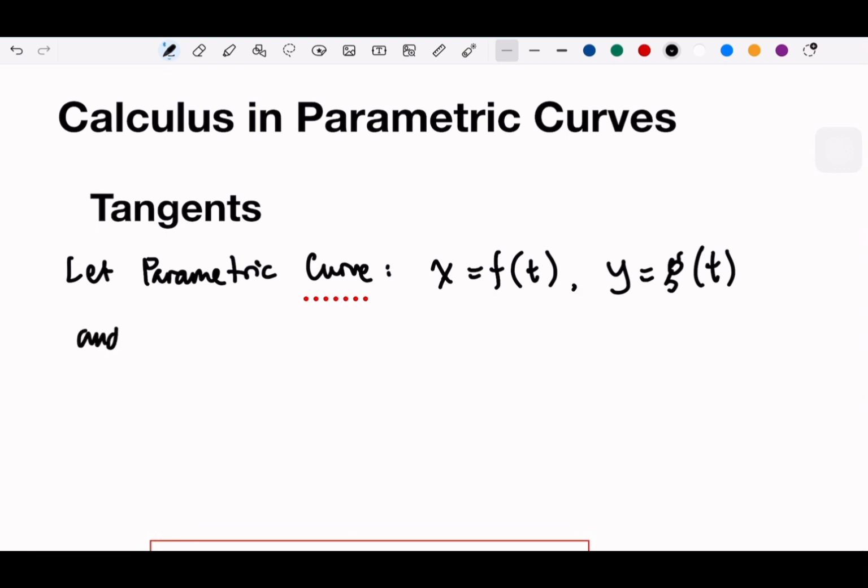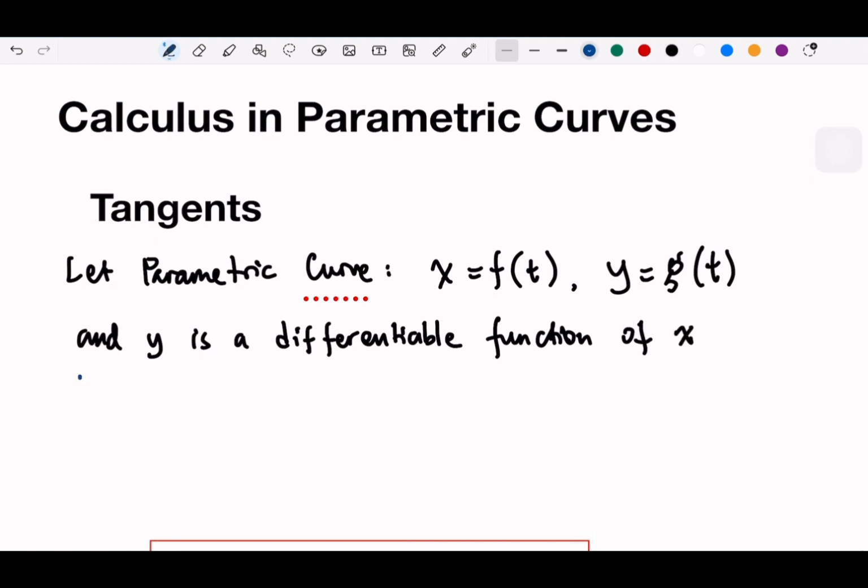And we can set up y as a differentiable function of x, which means we can say that y is a function of x. Or maybe let me write it with a capital F, just to separate it from the other parametric function.